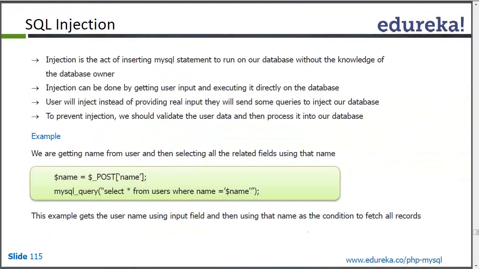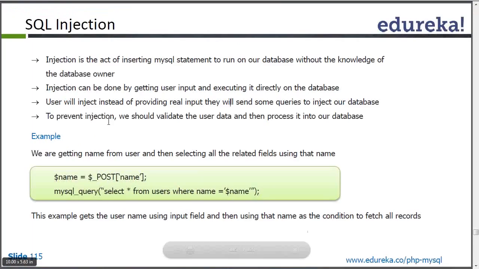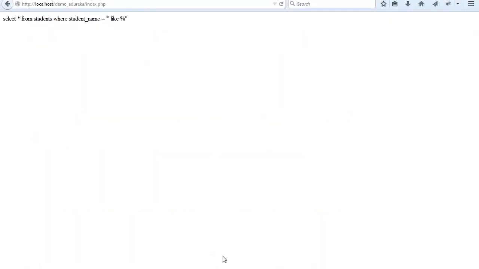This simply means either we will get some SQL error or our whole data will be exposed to the user, because instead of passing data in the field, he is passing a SQL query, and that query is being executed. Whatever he passes, we pass to the value.